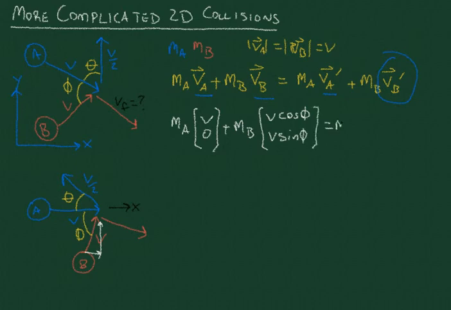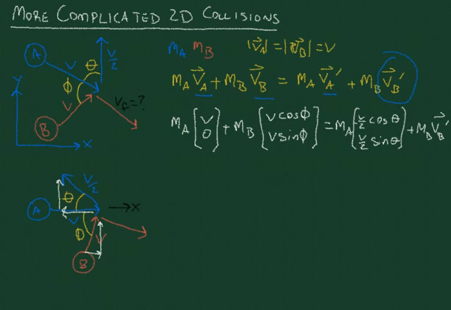And this is equal to the mass of A times the velocity of A final, which is v over 2, minus v over 2, because we're going to the left now. So minus v over 2 cosine theta, and the y component is positive, so v over 2 sine theta, plus mB times the final velocity of B.